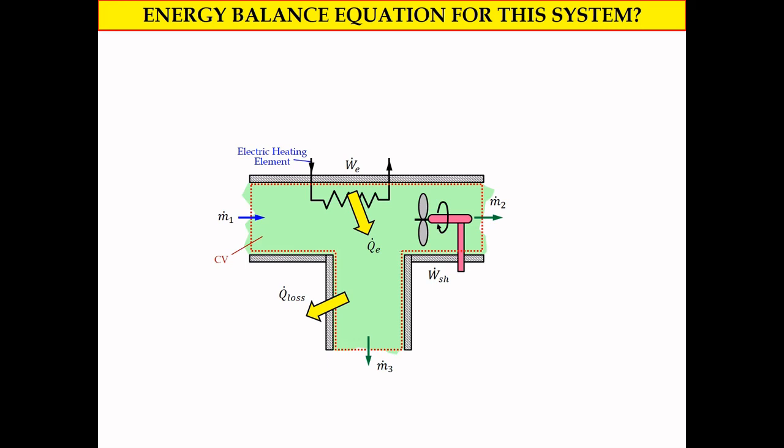In the system we have the electric heating element to provide Q dot E, and also we have Q dot loss, heat loss to the surroundings. And in the pipe we also have shaft work, represented by the equipment or device that has a fan. We have mass in M1 dot, mass out M2 dot, and also M3 dot. So try to get the complete energy balance equation for this system.